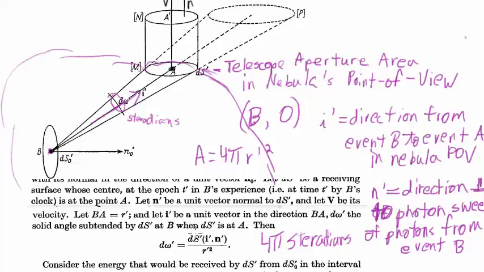So this is going to be way, way less than that, because if this is a nebula and this is a telescope 4 billion light years away, then this is going to be a very, very tiny number. We're going to see this 4 billion light years away, but from the perspective of that nebula, it is going to be a long distance, isn't it?